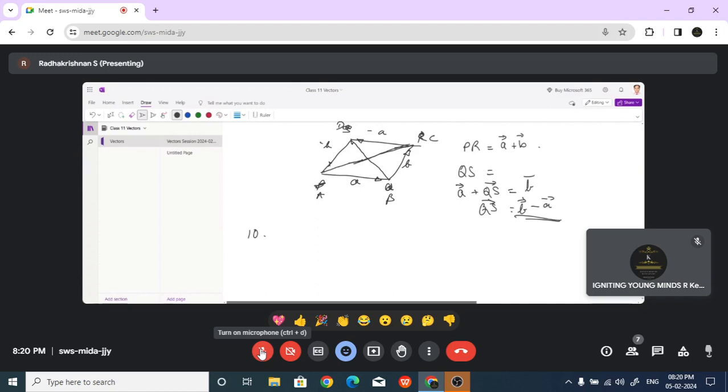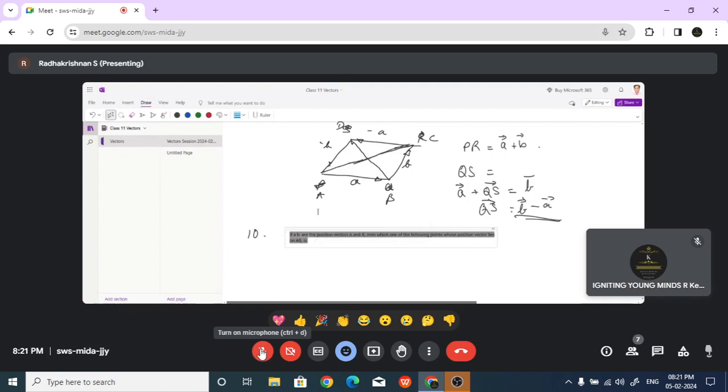If A and B are position vectors of A and B, then which of the following points whose position vector lies on AB?